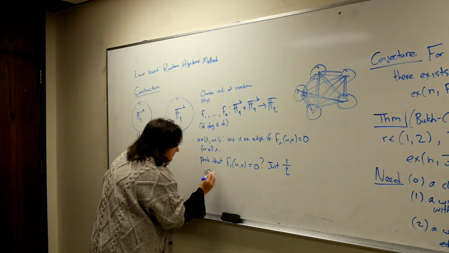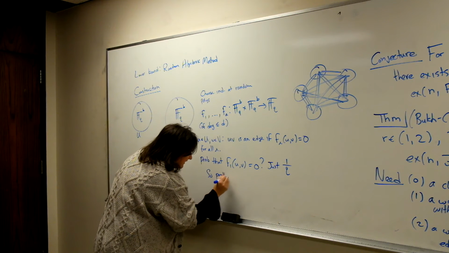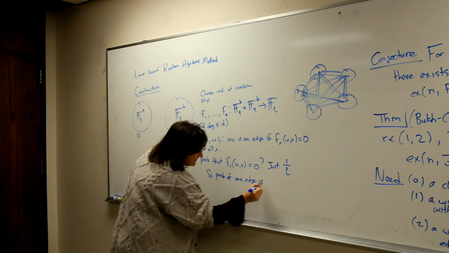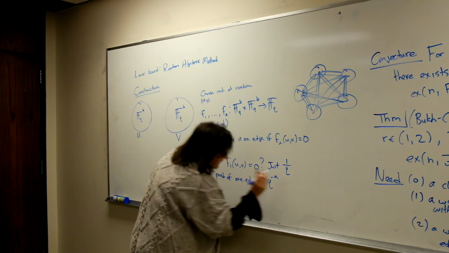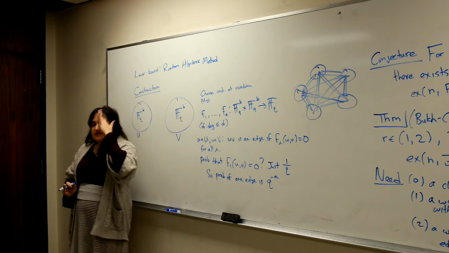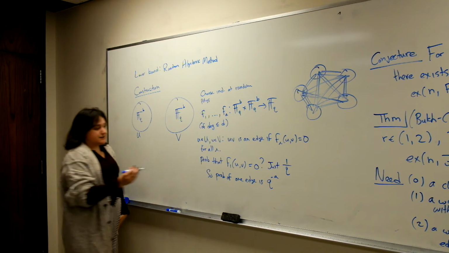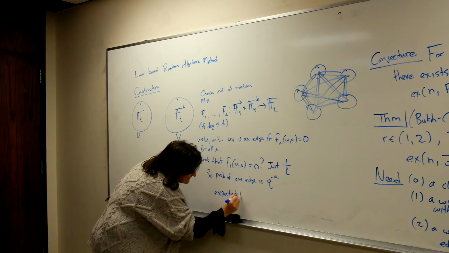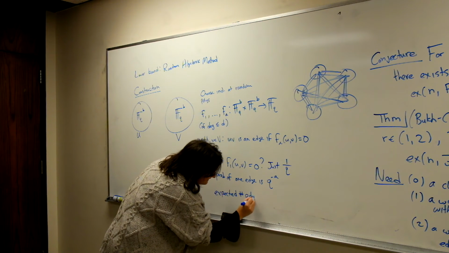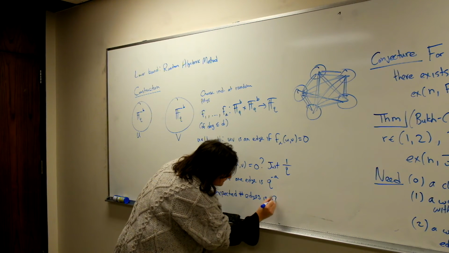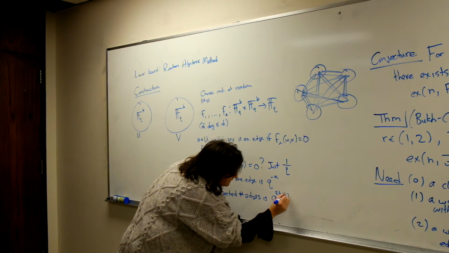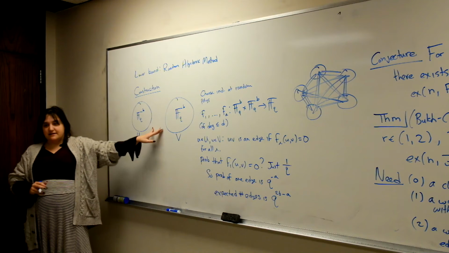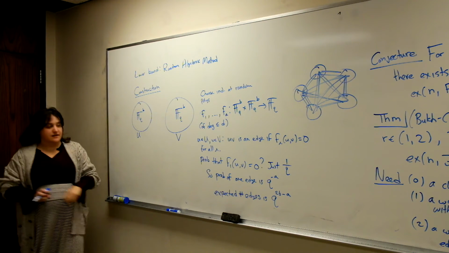So the probability of one edge is q to the minus a, because there are a polynomials here. And then that tells you the expected number of edges is q to the 2b minus a, because there are q to the 2b pairs here.